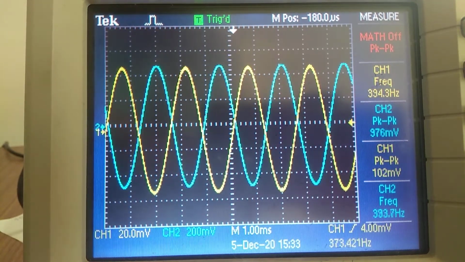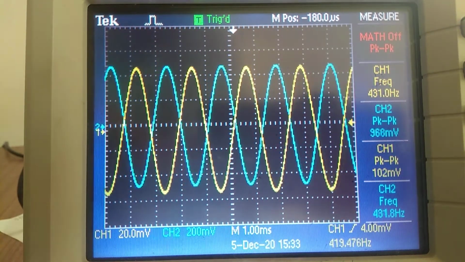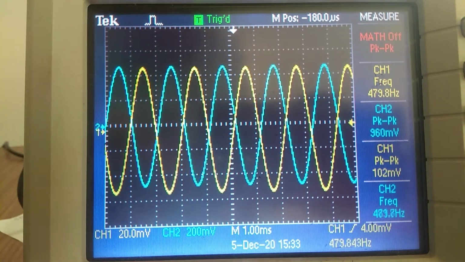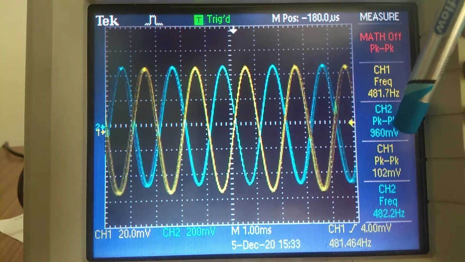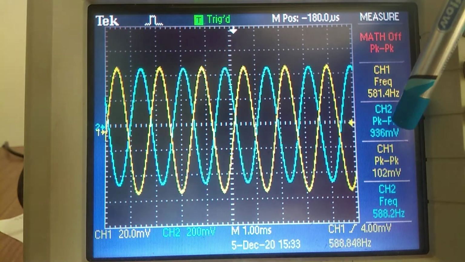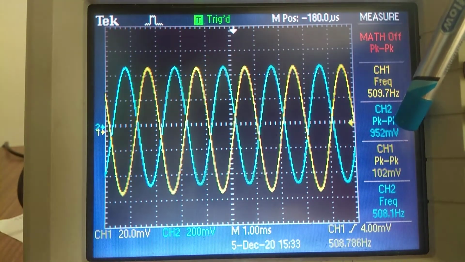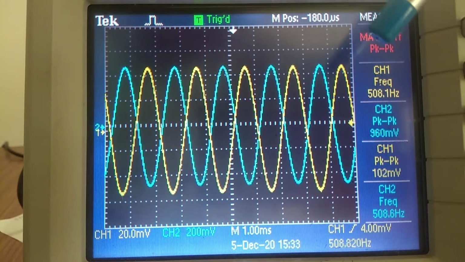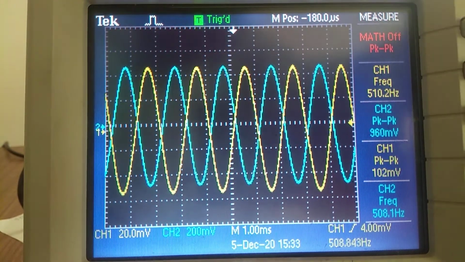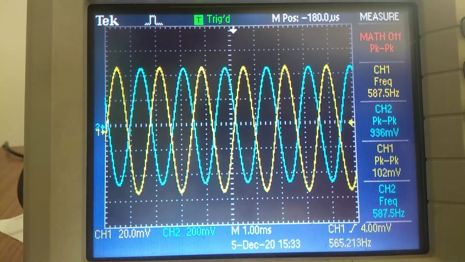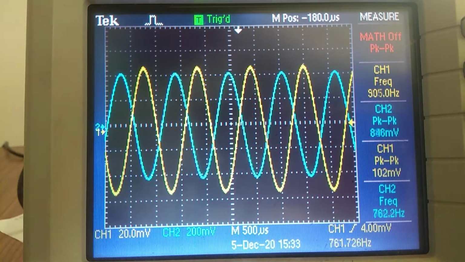It is hovering around 976 millivolt. Now the value has started to decrease a bit, but it is around 1 volt only at around 500 Hz. In the normal integrator our amplitude was decreasing, but here it is not decreasing till now. I am going to check at 1 kilohertz.